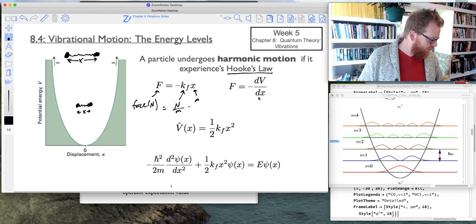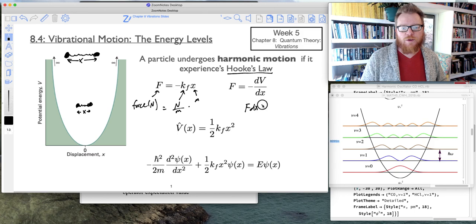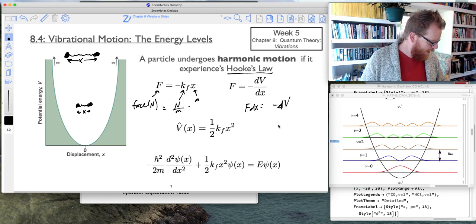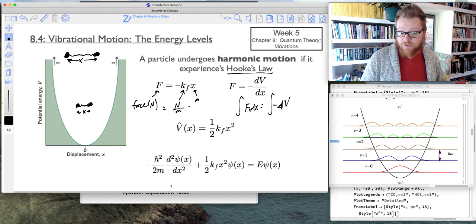If we do a quick divide and conquer here, I'm going to multiply dx over to this side, and I've got negative dV on this side. If I integrate both sides, recognizing that F is kf times x, that becomes the integral of negative kf times x dx.